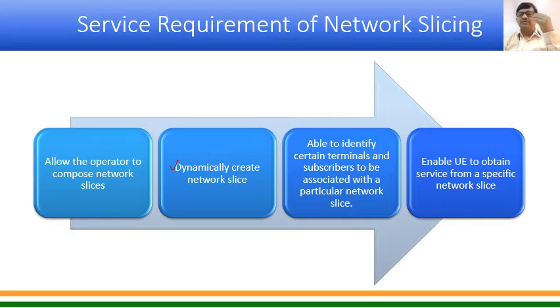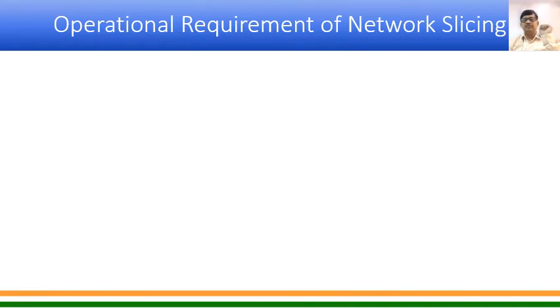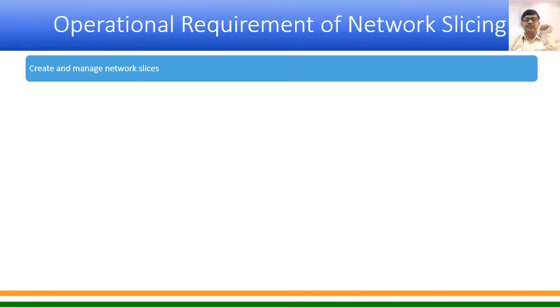So suppose a particular service is being offered where slice A is being used, the UE should be able to get the service. Based on subscription, I take a subscription for a service and then I am allowed to use that. So these were the service requirements of network slicing defined in that particular TR. And please note, it was defined in the year 2016 itself. Now, what are the operational requirements?